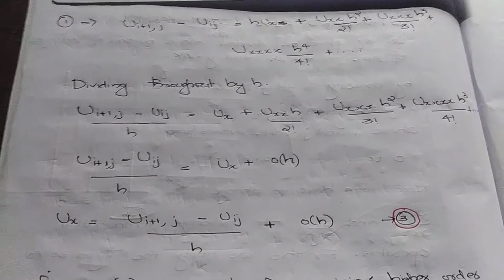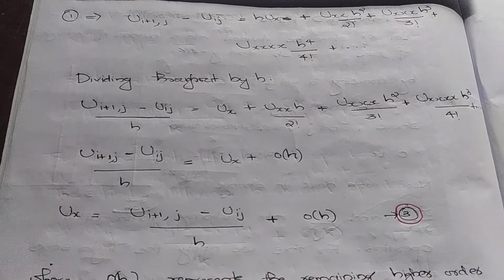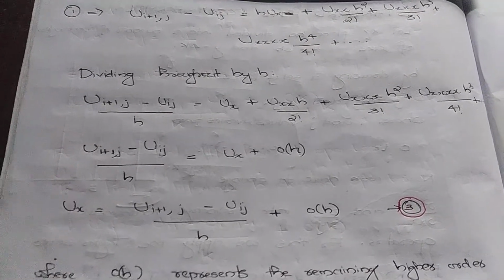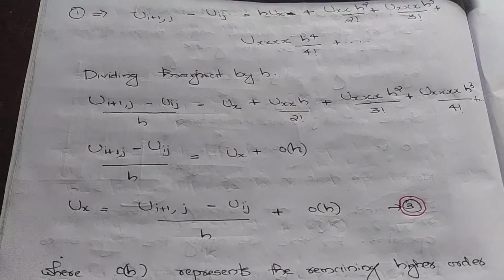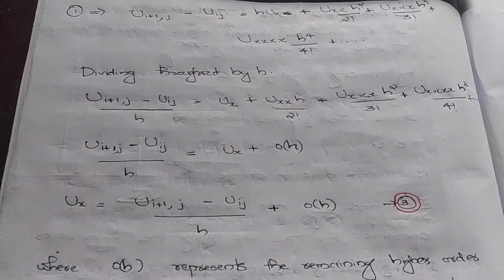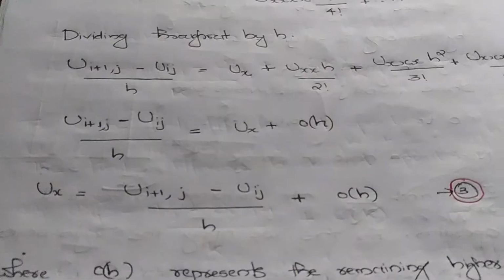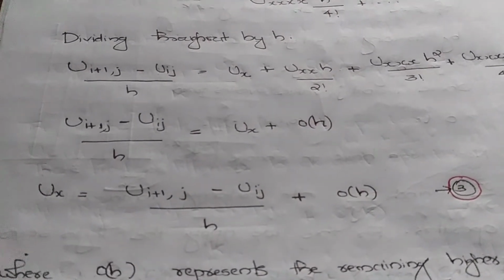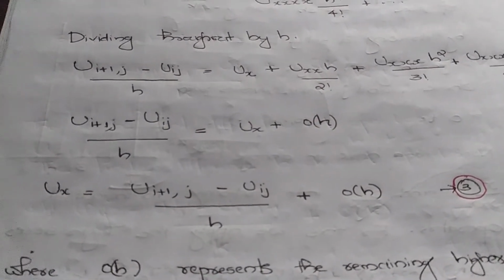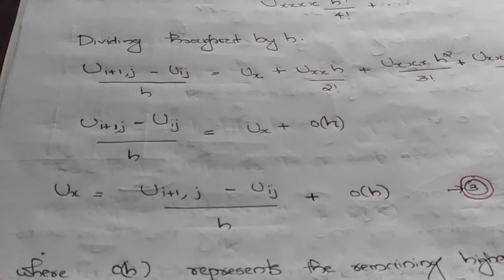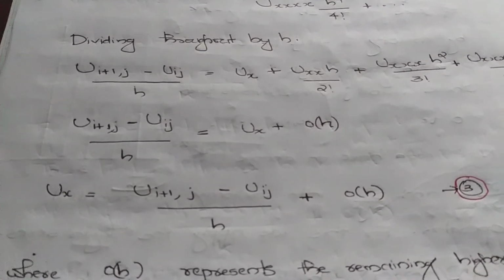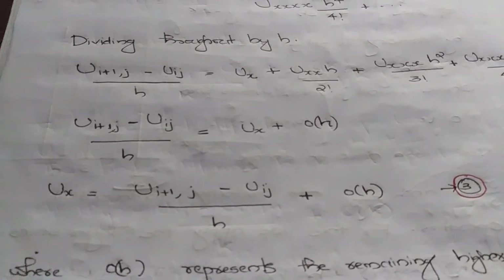So we can generally say that ux is equal to ui plus 1j minus uij by h plus other higher terms of h. So equation 3 is called the finite difference form of the partial derivative ux.